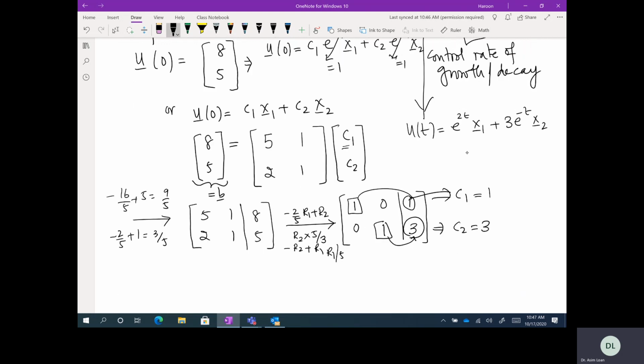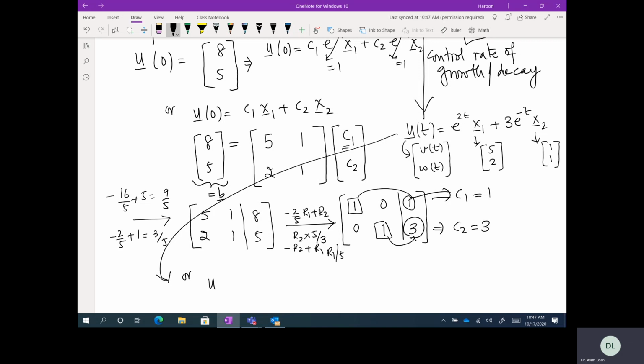But what is x1, x2? x1 is 5 and 2, and x2 is 1 and 1. This is u of t, and u of t is v of t and w of t, because this is what we wanted to solve.